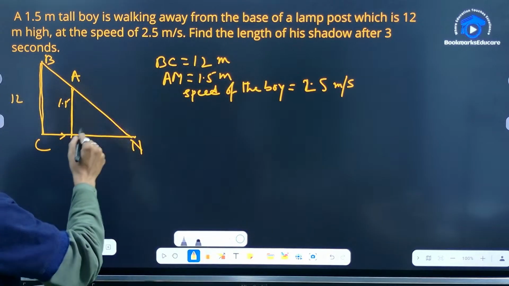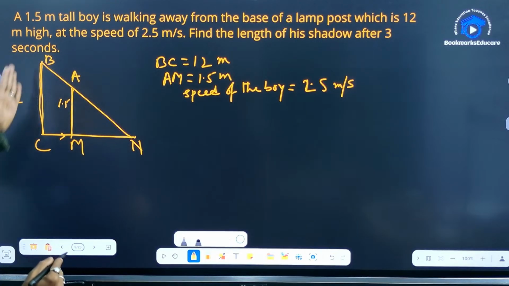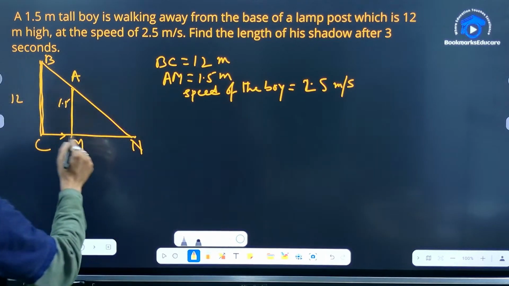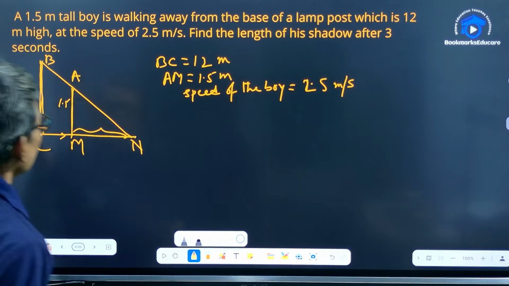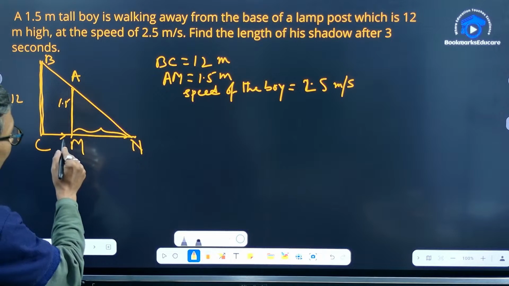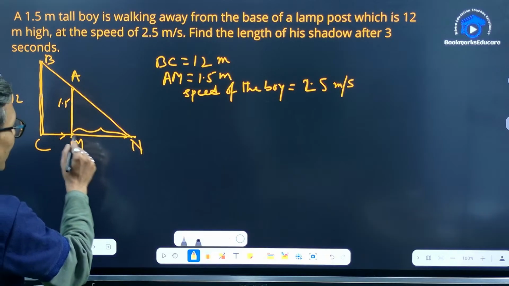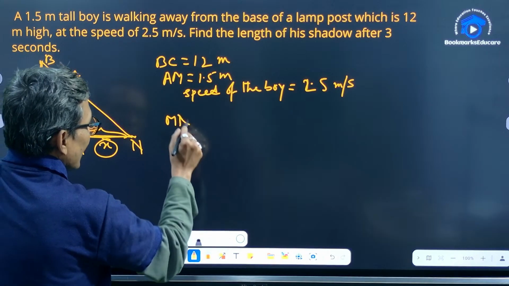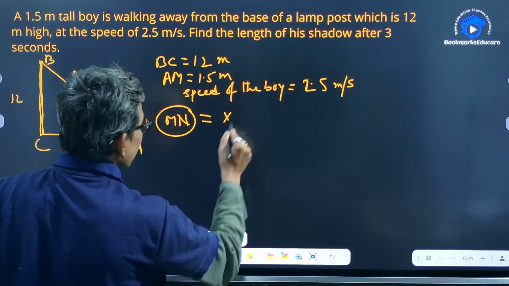The boy is walking away from the foot of the lamp post towards N, so the shadow of the boy falls on the CM line towards N. So MN is the shadow. Let us assume MN is the length of the shadow of the boy, which is X meter.